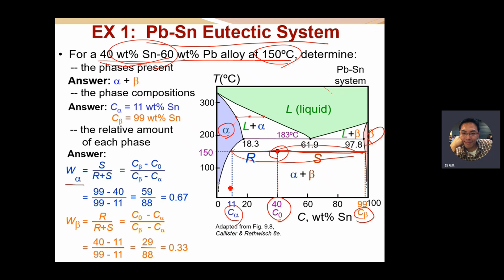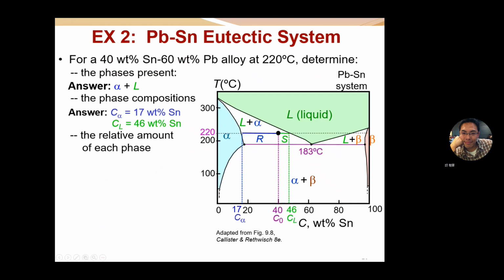So we get the weight fraction of alpha solid solution is 67 weight%. Therefore, the weight fraction of beta solid solution is 33 weight%. So we can use the Lever's rule that we already taught previously.